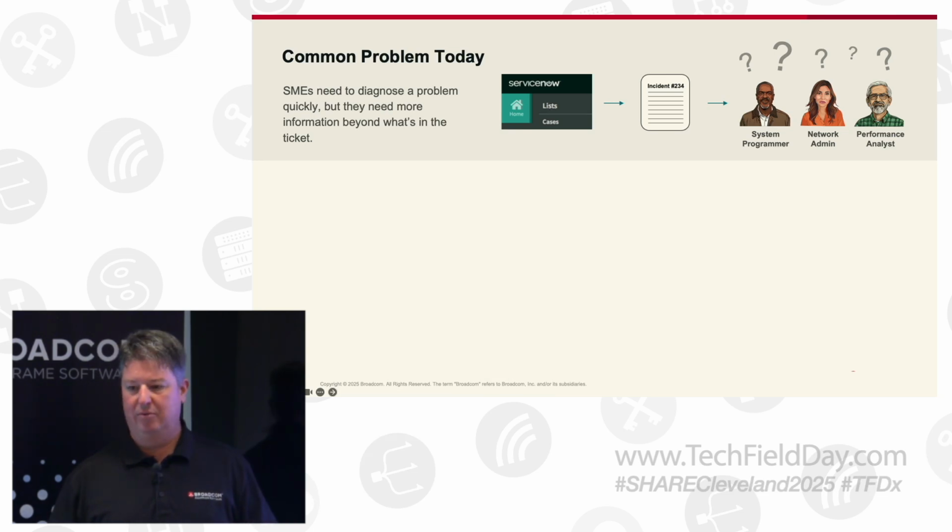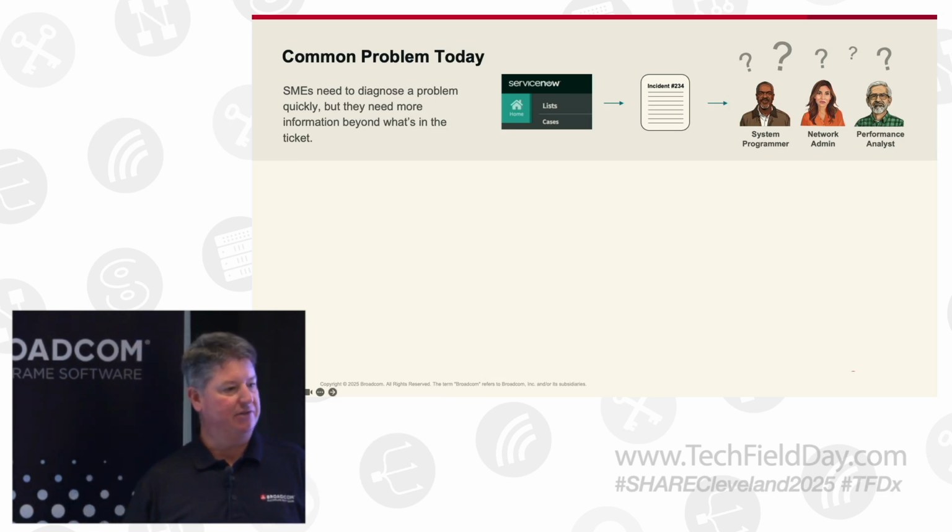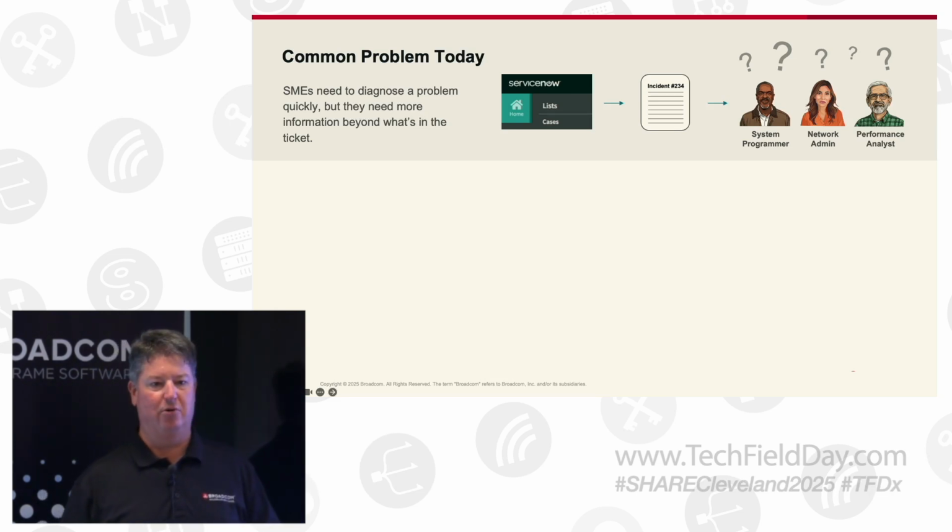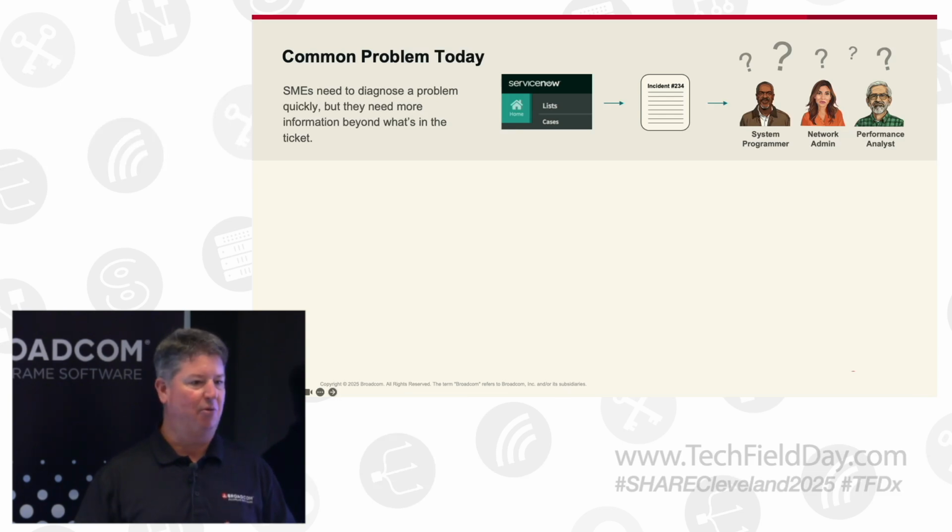So when a problem does occur and they get that problem inside of their product or through an alerting system, they're looking at their domain tool and they're only seeing their domain. We recognize this as kind of a problem. What you end up with is that war room where everybody's looking at their own tool, everybody's pointing at each other.